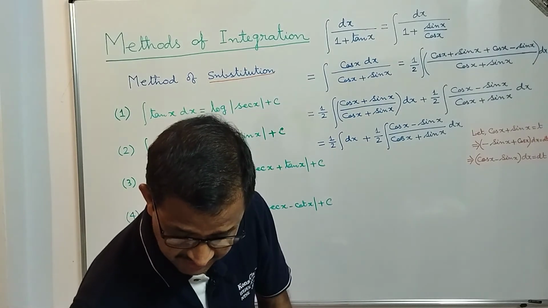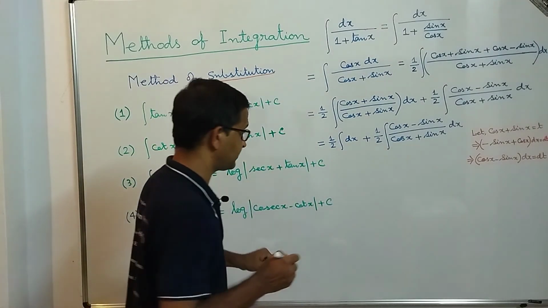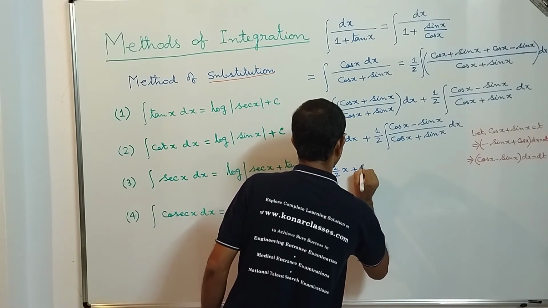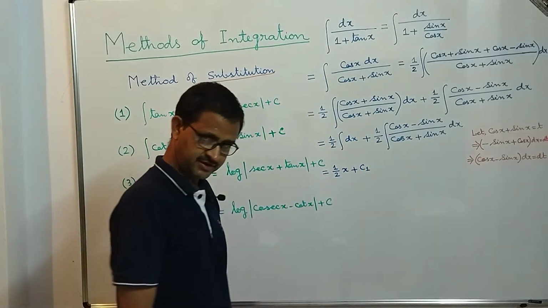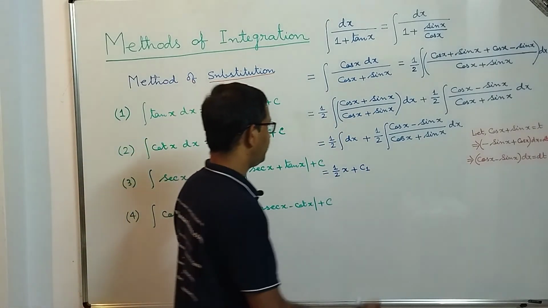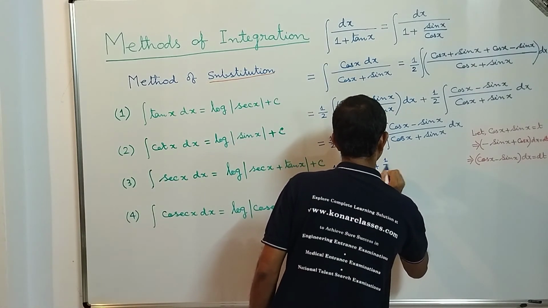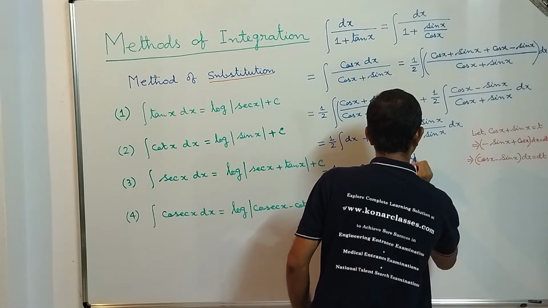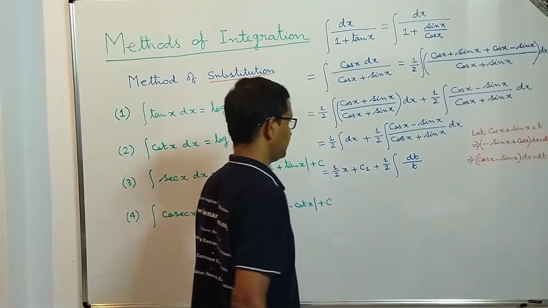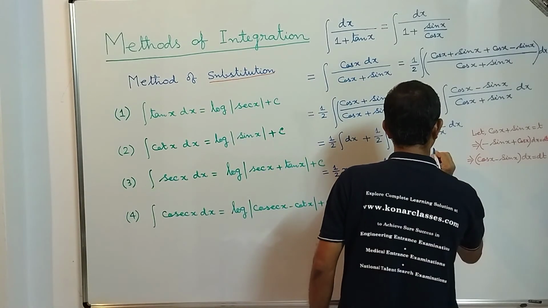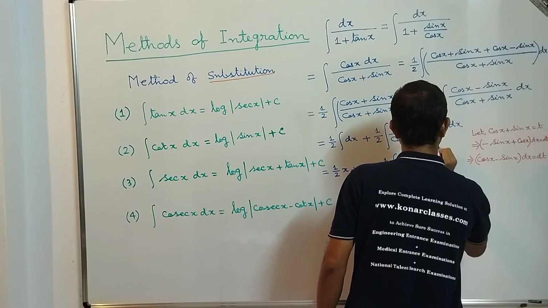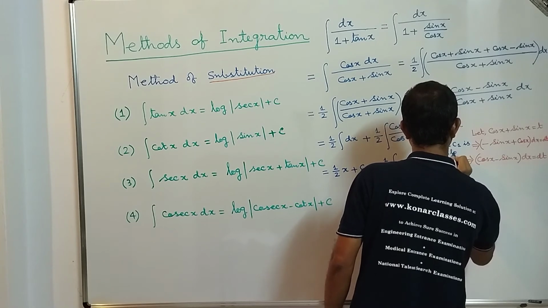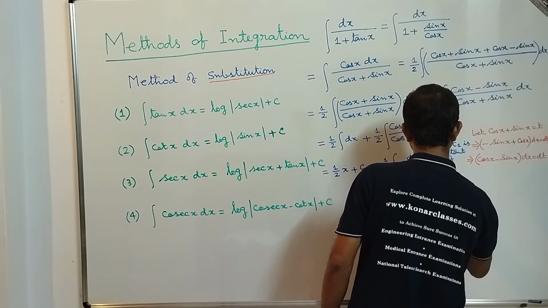If we integrate the first one, half integration dx, we get 1 by 2 into x, and we get one integrating constant c1, because of this integration. Now plus 1 by 2 integration of dt by t, where c1 is the constant of integration.